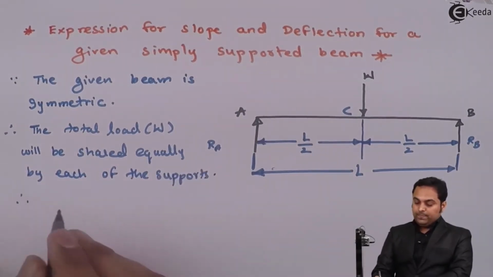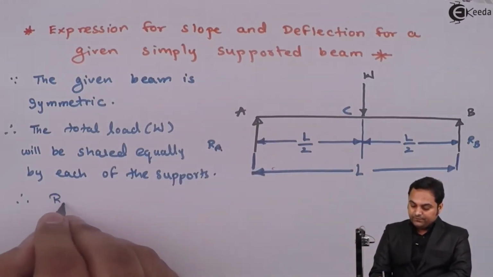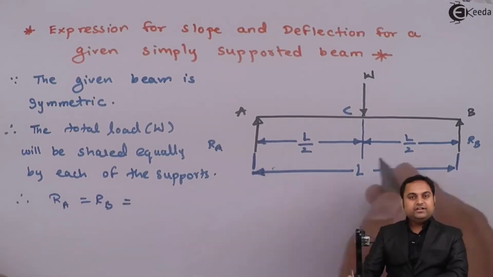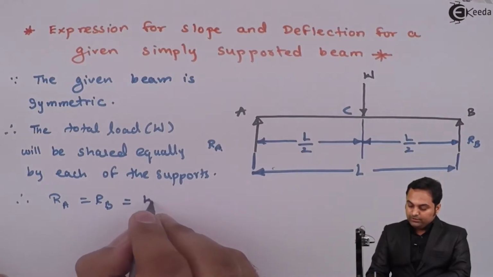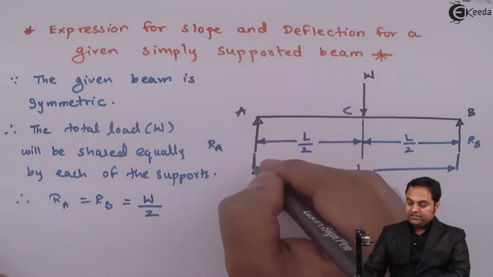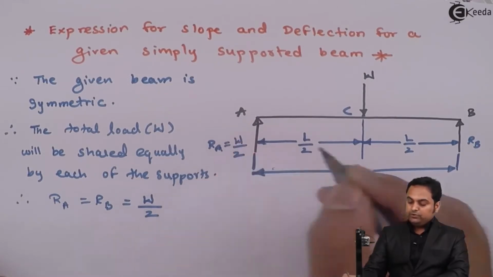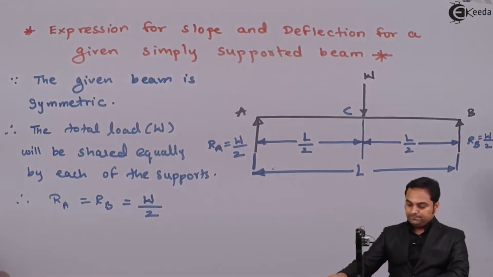So the reaction at A will be equal to reaction at B, and the load will be shared equally by them. That is, the total load is W. So W by 2 will be shared by reaction at A, and reaction at B will also share W by 2.